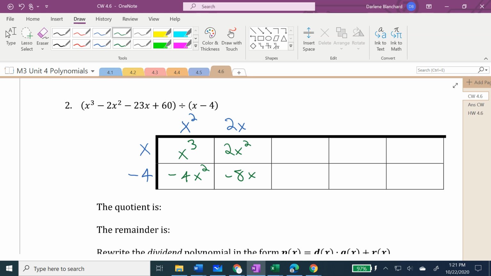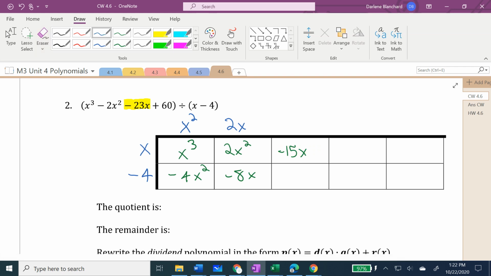And then for the big step, this box plus its diagonal box need to add to make the next term down, which is the x term, negative 23x. What do I add to negative 8x to get negative 23x? Good, negative 15x. And you just finished another round.